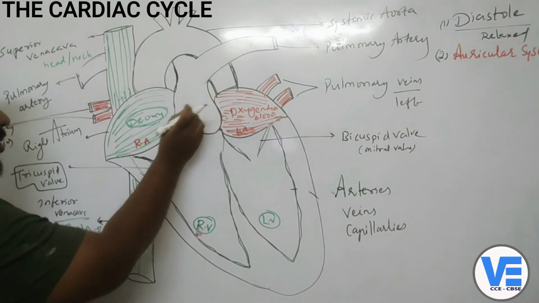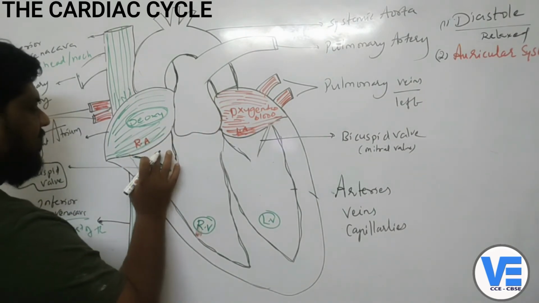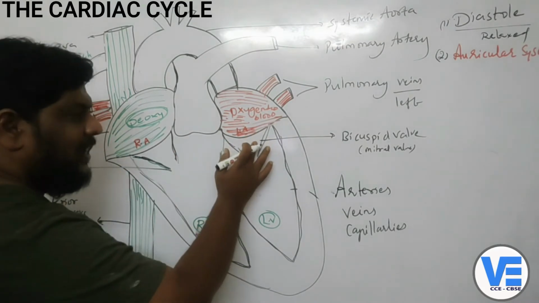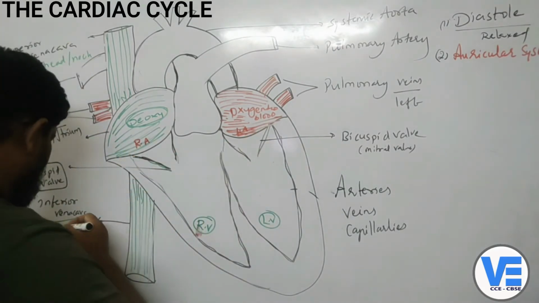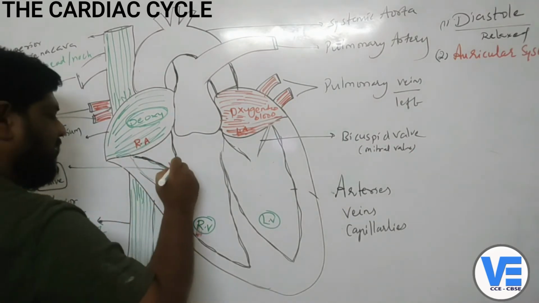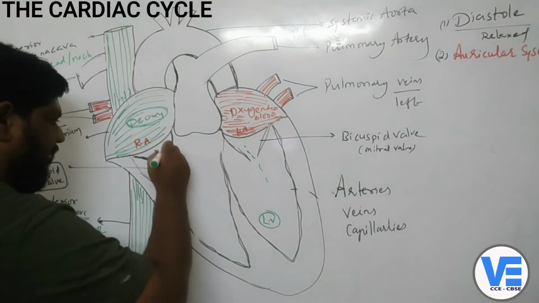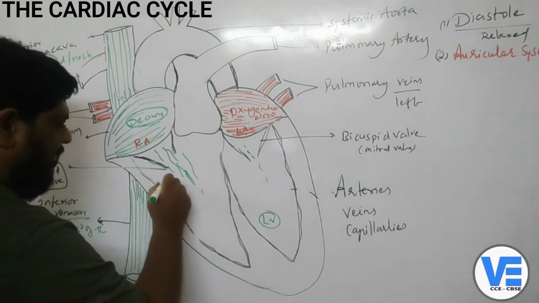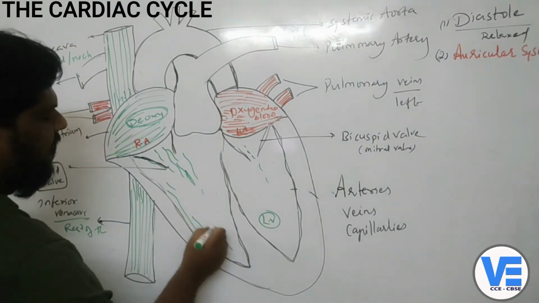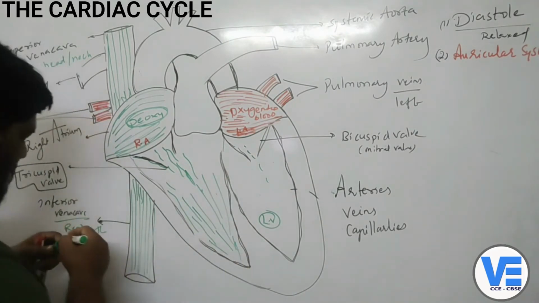So when this contracts, basically what happens is the tricuspid valve and the bicuspid valve will open, and they will allow the blood to pass into the ventricle. So now this deoxygenated blood will travel from the tricuspid valve and come into the right ventricle.